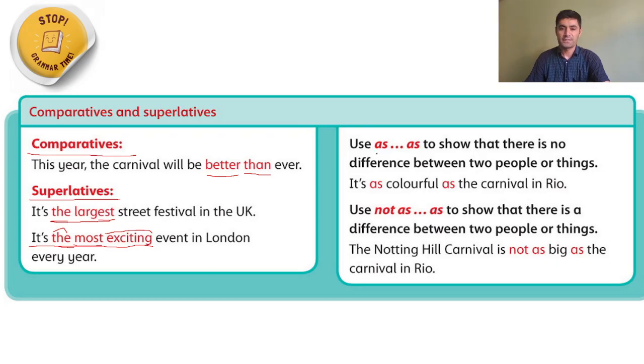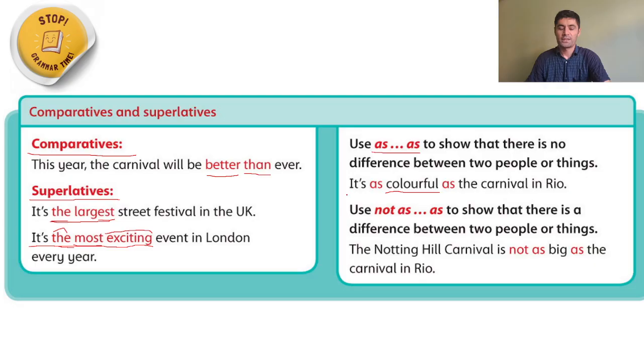Now, this is the next grammatical topic, which is as. We use as to show that there is no difference between two people or two things. That means they are equal, they are similar. And we normally use the simple form of the adjective between as.